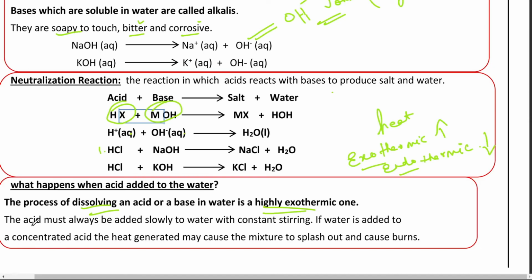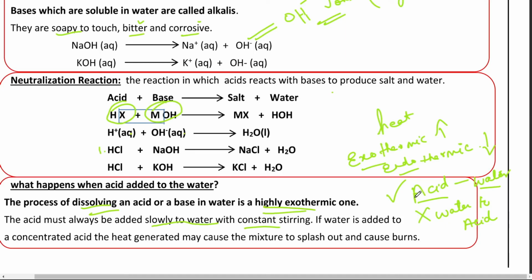Therefore, we need to add acid slowly to water. This is the correct method. We should never add water to acid. Whenever you're adding the acid to the water, slowly keep adding it, and with constant stirring.